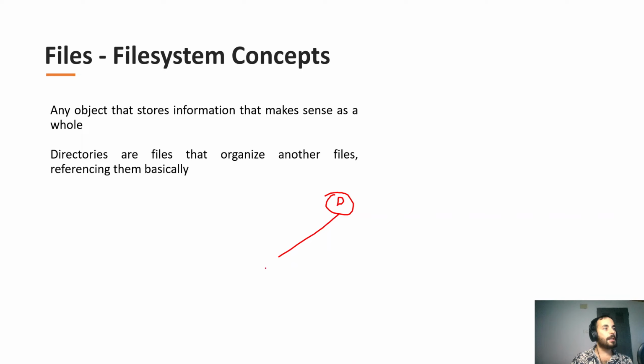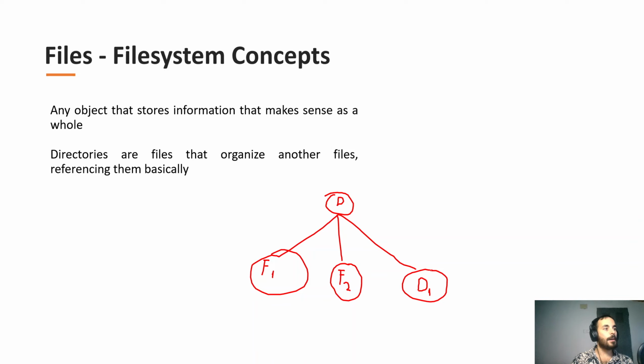And a directory is going to reference file 1, or file 2, and so on. And maybe it's going to reference another directory, which is going to be D1, which will have more files inside of it, okay. So directories are specific types of files that reference other files, including other directories, okay.